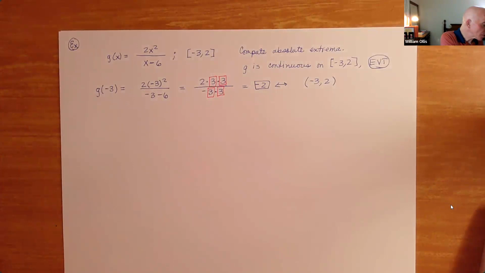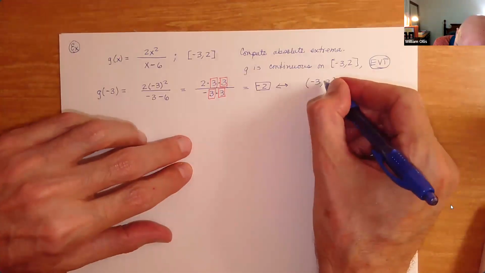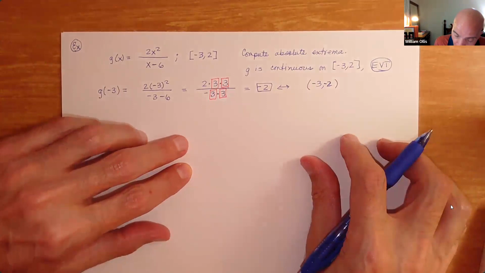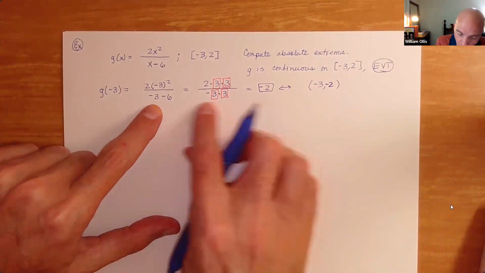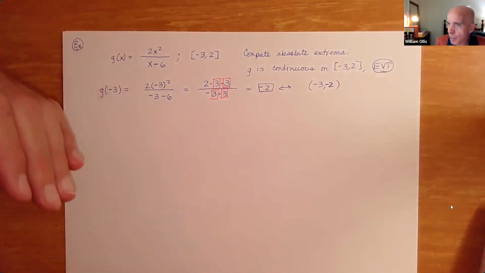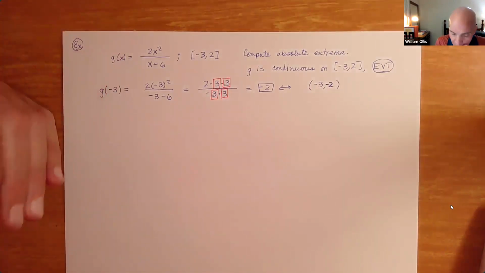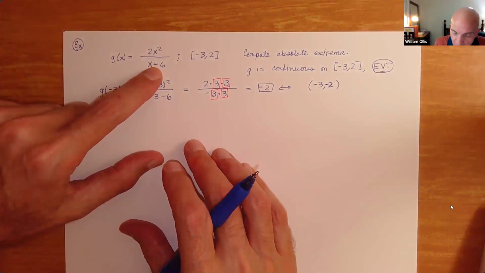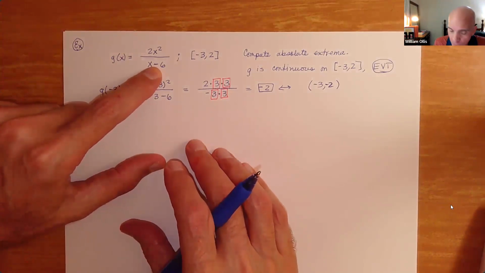So I will say that when you're working on an example like this, always think about this in terms of the vertical asymptote. We have a vertical asymptote at 6, that is x equals 6 is a vertical asymptote.